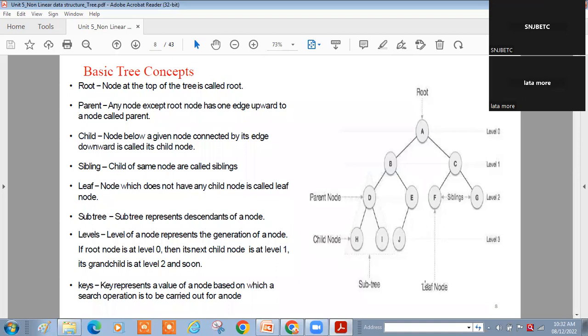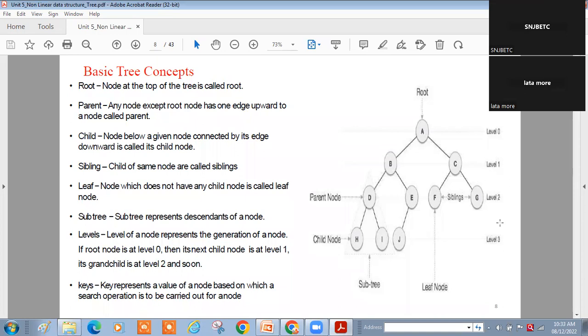Grandchild is at level 2. Next grandchild is at level 3. In this way, we have to give the level. Simply, you can say that nodes in a specific line represent the level. Root is the first node. That's why it is at level 0. After this, we have the next nodes. They are at level 1, and similarly onward.